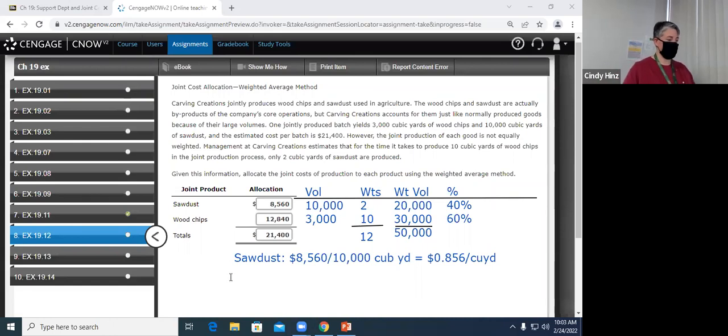I'm going to do the same thing for wood chips. We allocated more cost to wood chips, and we end up with less product. So we're going to end up with a higher cost per unit of the product.